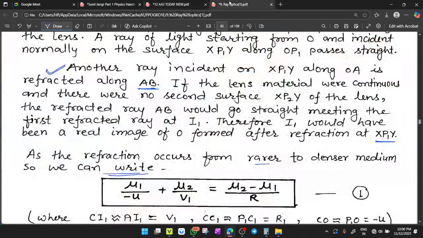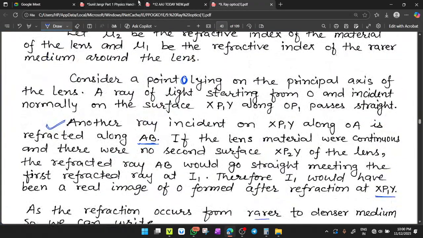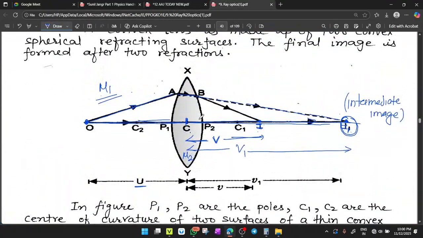Now see what I am going to write here. Check the refraction in your diagram. Here the ray is coming from the rarer medium and refracting into the denser medium, and here you have your image I1. So your first formula that we studied at the start of the class, for refraction from rarer medium to denser medium, what was the formula?